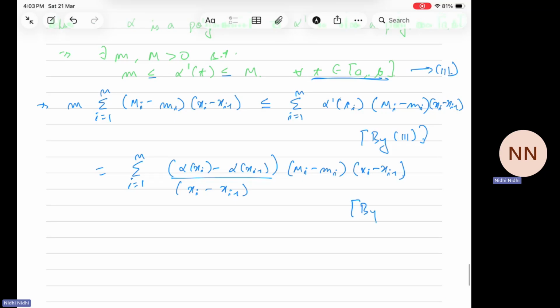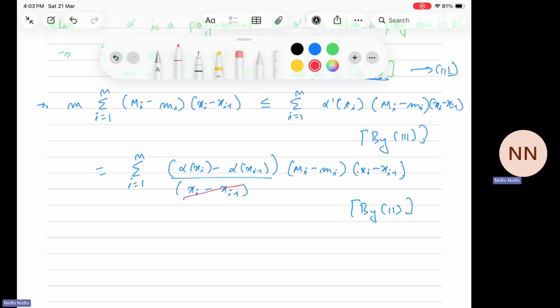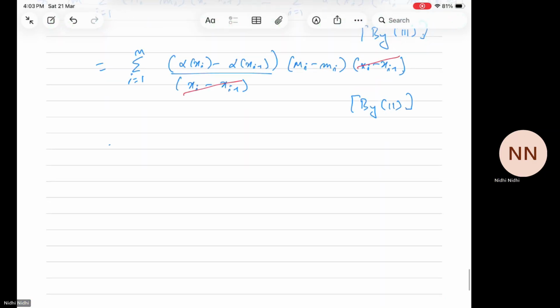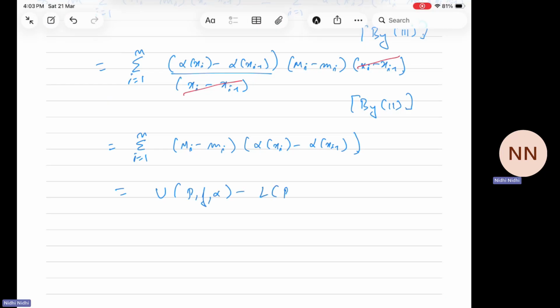This we are getting by equation 2. So here this gets cancelled out and we are left with summation i from 1 to n, (M_i minus m_i)(alpha(x_i) minus alpha(x_{i-1})). And what is this? This is UPF alpha minus LPF alpha.